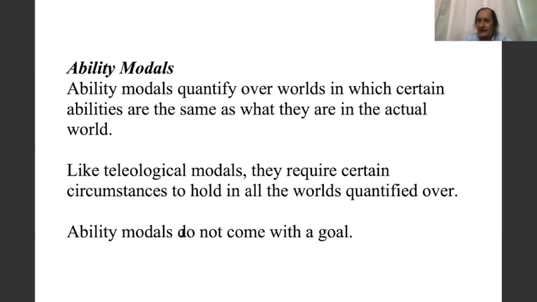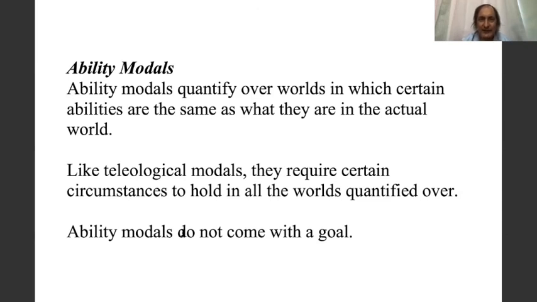Okay, so the last thing I want to do is look at ability modals. An ability modal quantifies over worlds in which some abilities are the same as they are in the actual world. Okay. If you think of ability as a circumstance, what abilities John has, that's one of the circumstances of the actual world.